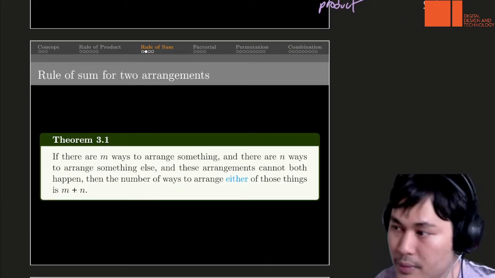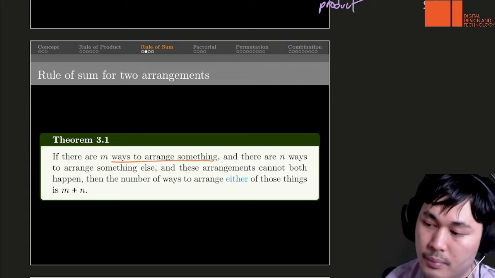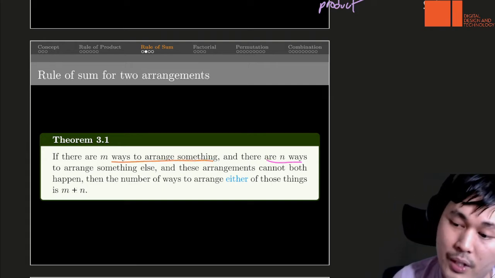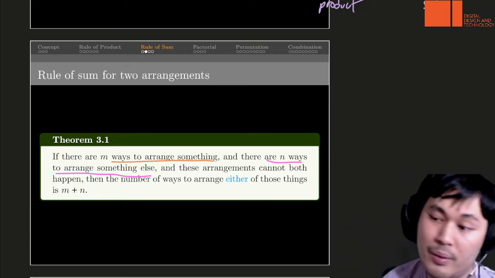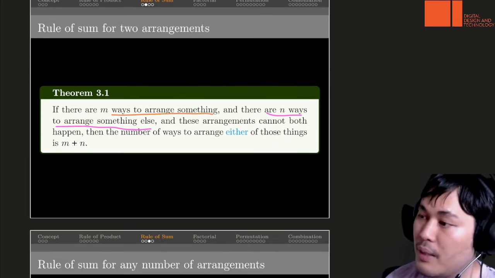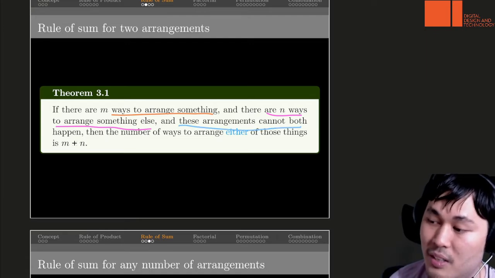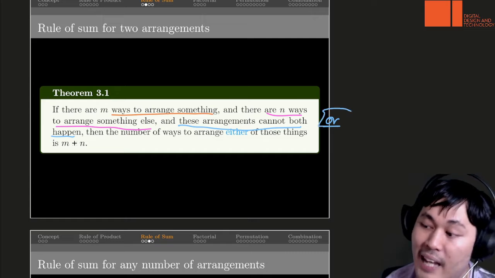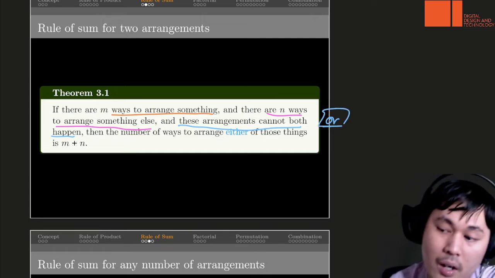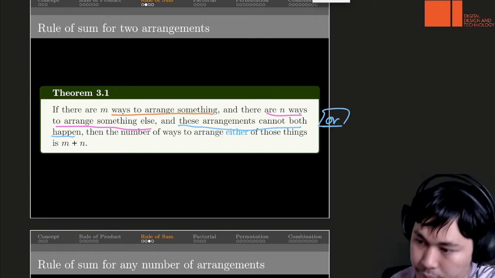So here it is. If there are m ways to arrange something, and n ways to arrange something else, this sounds like the rule of sum we have at first. But these arrangements cannot both happen. In this case, you have to choose either the first arrangement or the second arrangement.